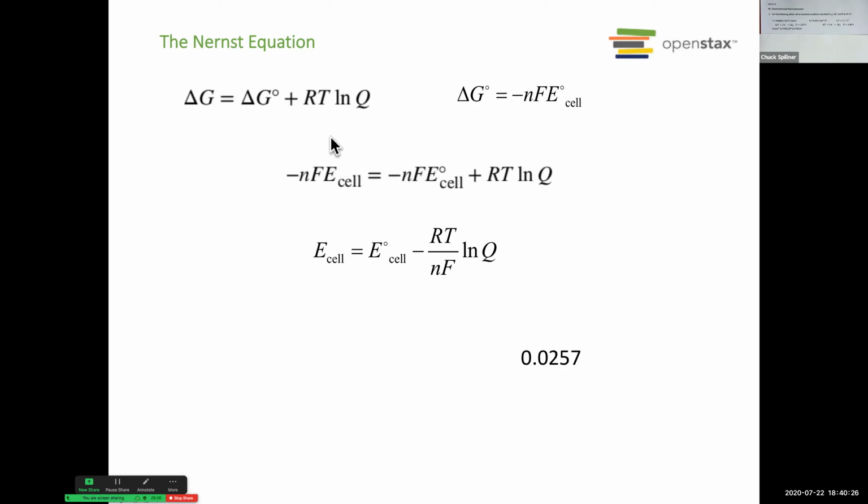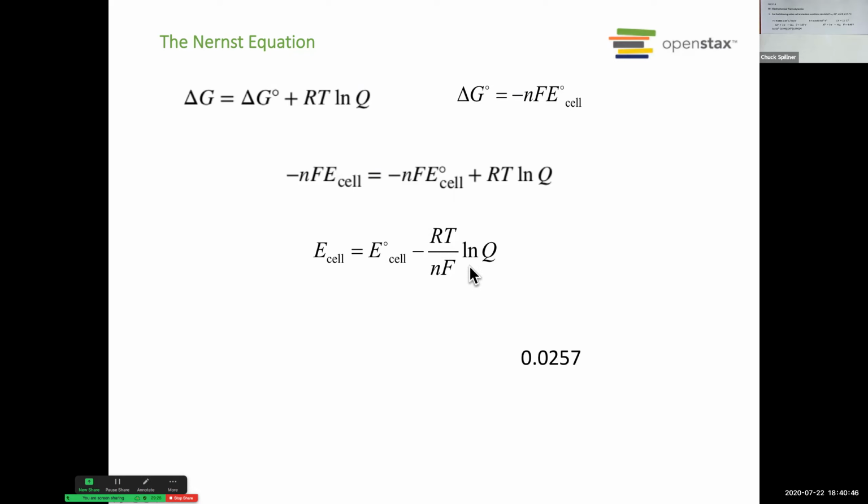This slide shows a derivation of how we can change from free energy to cell potential. We end up with the cell potential equal to the standard cell potential minus RT over nF times log Q.